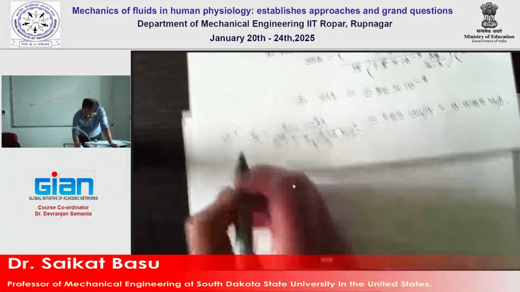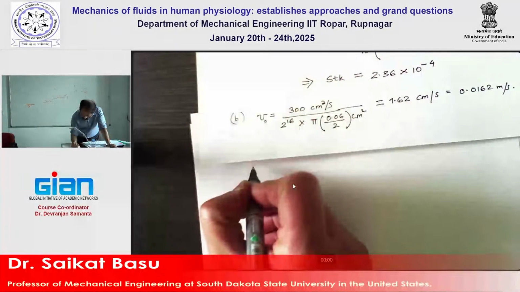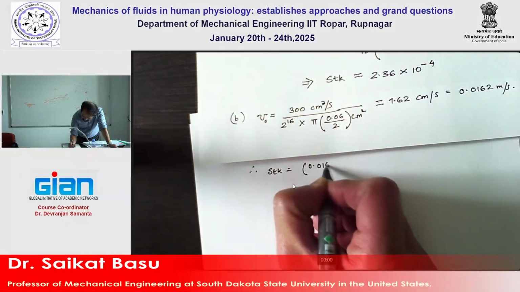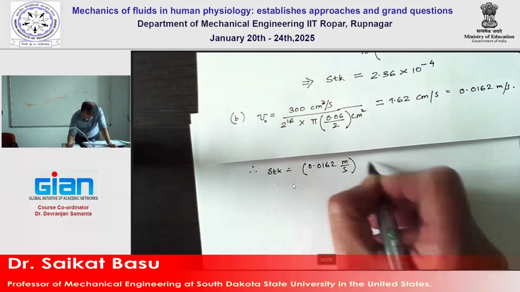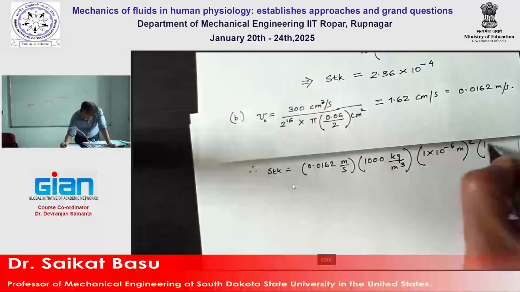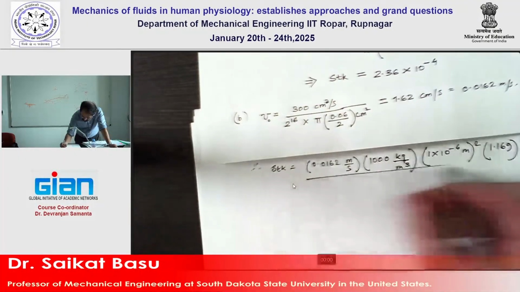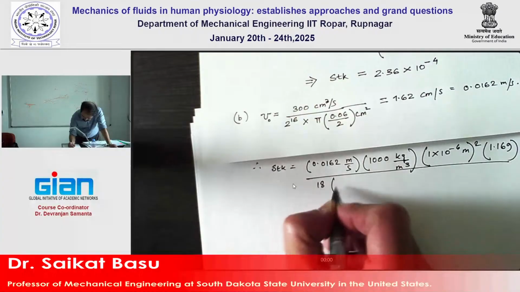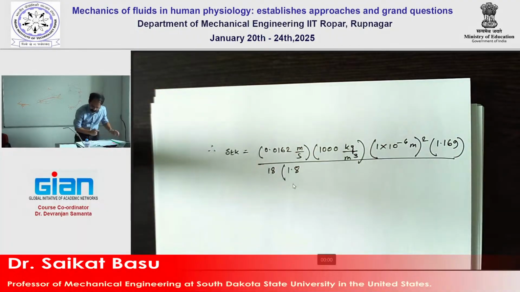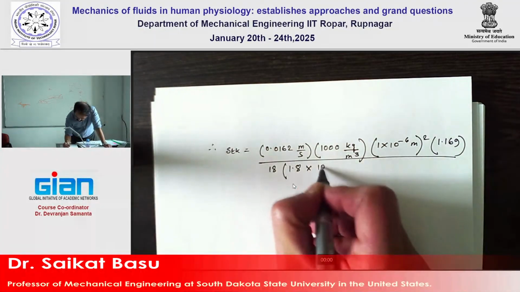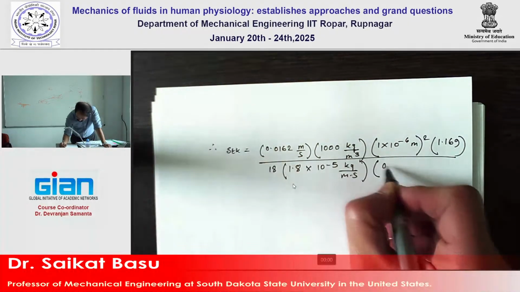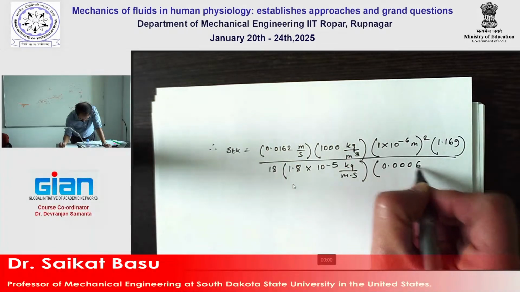So therefore, the Stokes number is 0.0162 meters per second times 1000 kg per cubic meter, times 1.169, divided by 18 times 1.8 times 10 to the power of minus 5 kg per meter second, times 0.006 meter.